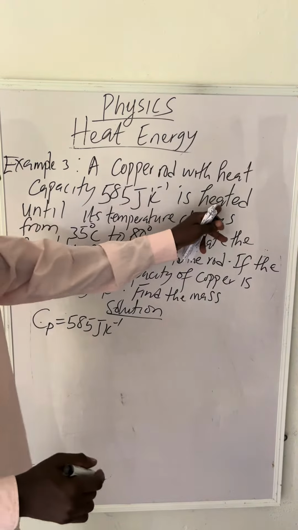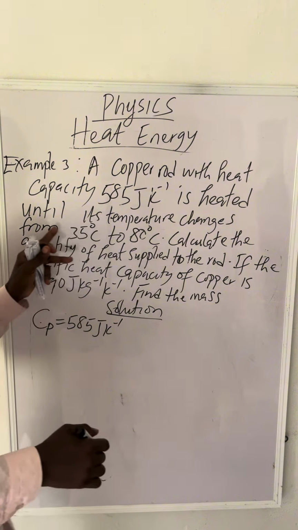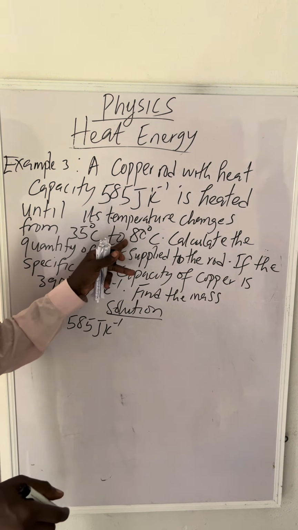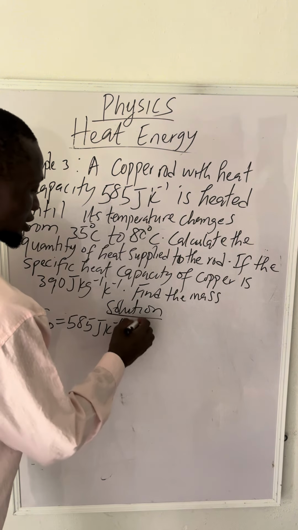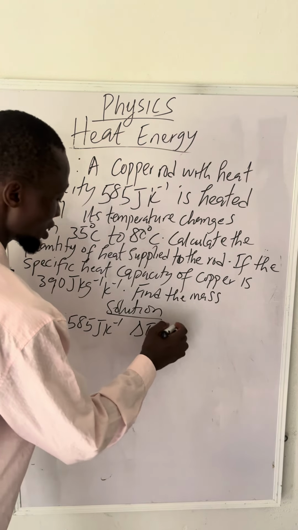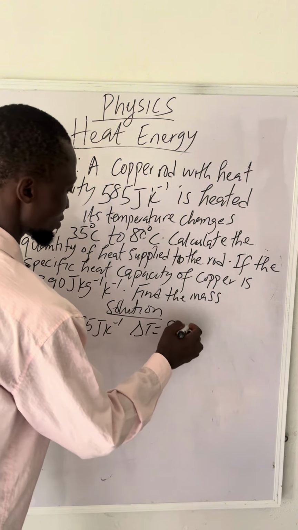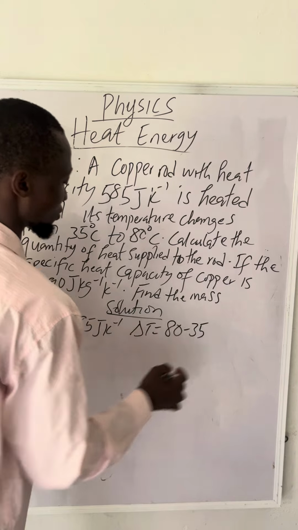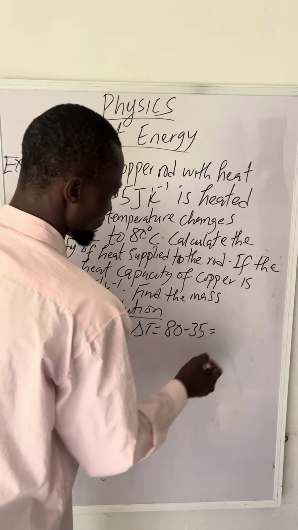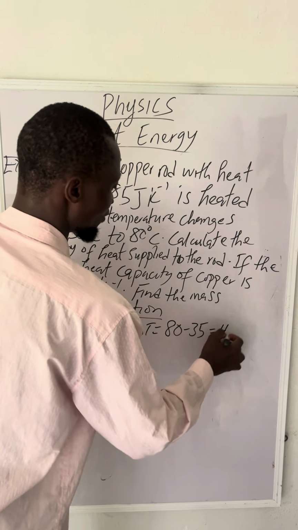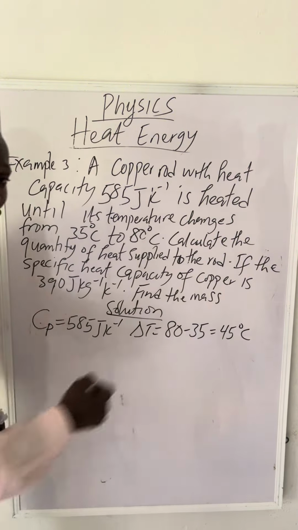Now, it's heated until its temperature changes from 35 degrees Celsius to 80 degrees Celsius. So my delta T is going to be equal to 80 minus 35, which gives me 45 degrees Celsius. That is the change in temperature.